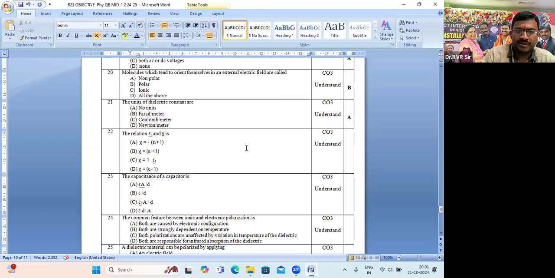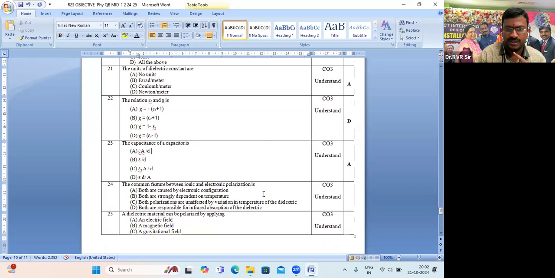Now the relation between epsilon r and chi is chi equals epsilon r minus 1. Sorry, option D is the right answer. The capacitance of the capacitor is epsilon A by d, option A.